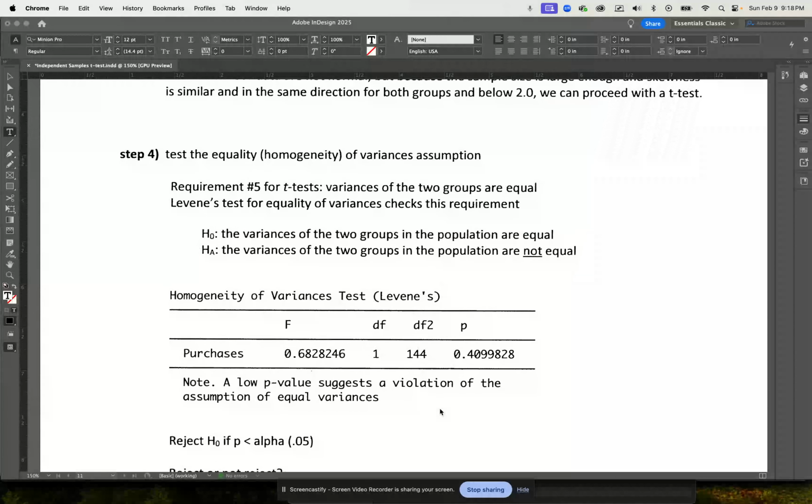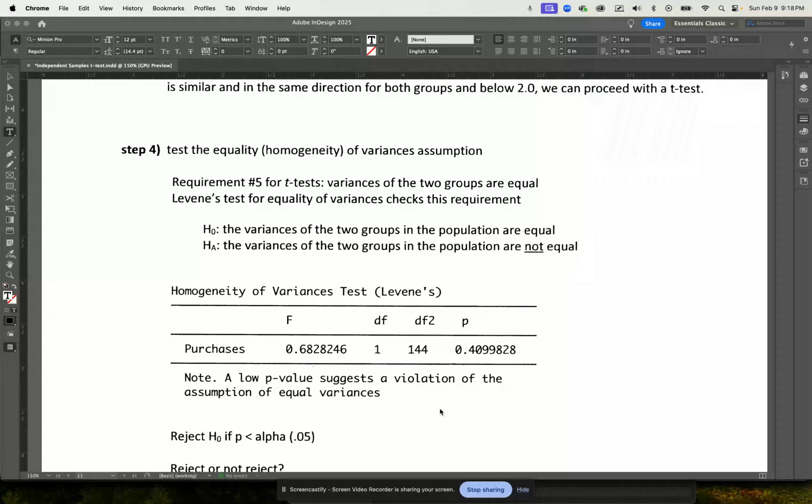So the next step would be to test the equality of variances assumption. We want to check that the variances of the two groups are equal, and the statistical test for that would be Levene's test for equality of variances.